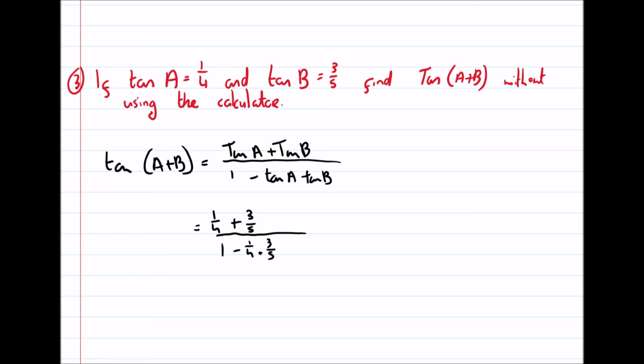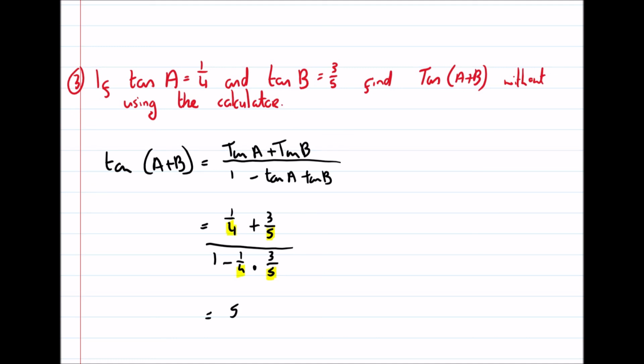Now, in the leaving cert, they're not going to ask you to do it without using the calculator, okay? But seeing as they've said here in the book, do it without the calculator, we would get a common denominator for the 4 and 5. So we'd use that to get the common denominator.